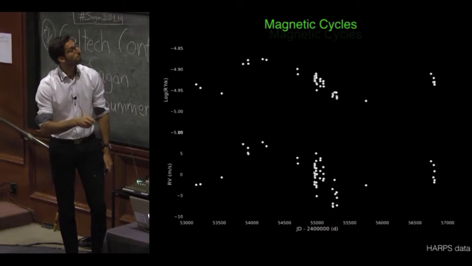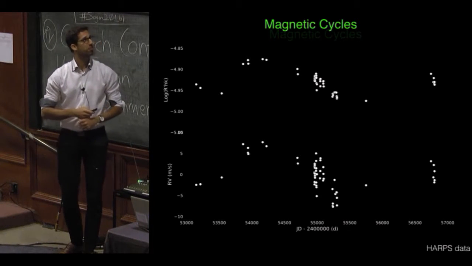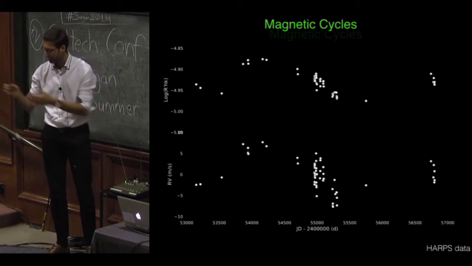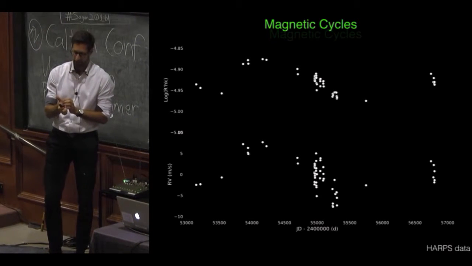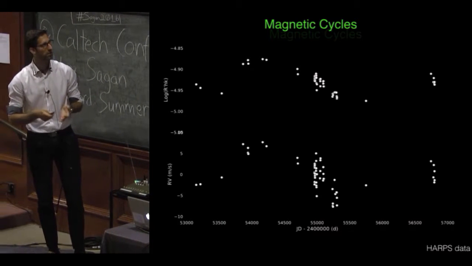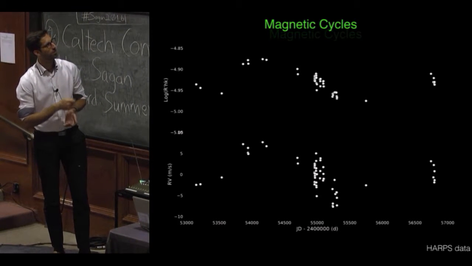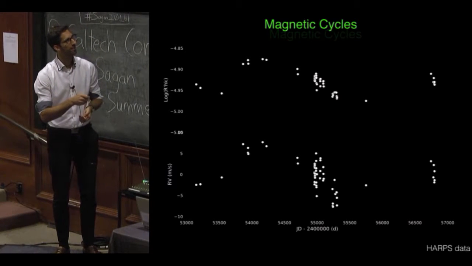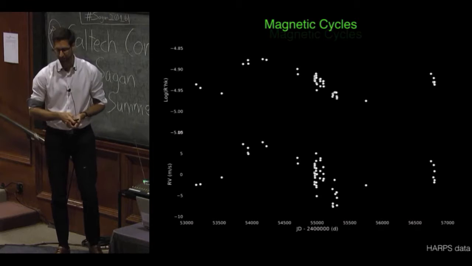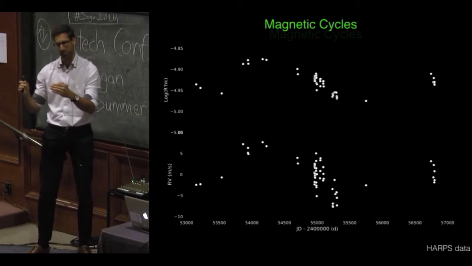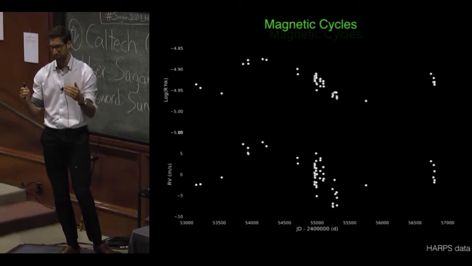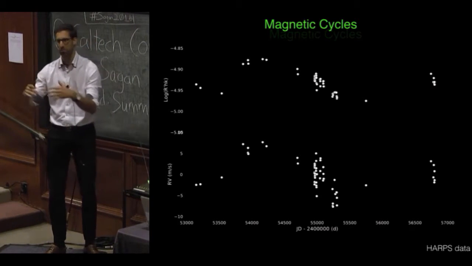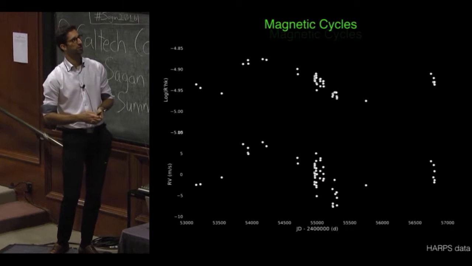Okay, so here on top, you have a measurement of the emission that you have in the calcium H and K line. So it's an indicator that we use to measure the activity of the star. And so if you look at this on the sun and you compare this log R image here, so this calcium index, as a function of the number of spots on the sun, you have a very good correlation between the two. So this index here is a proxy for the number of spots you have on the surface of the star.